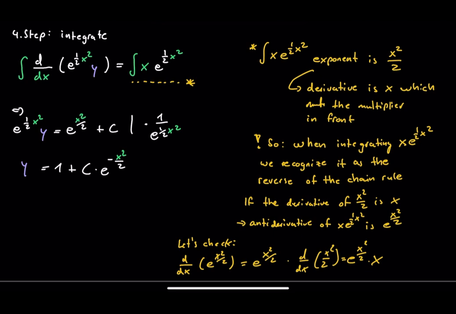Let's step back and see what's really happening. The integrating factor method is a clever way to reverse the product rule. By multiplying by mu, we combine y' and p(x)y into one derivative that we can integrate in one shot.